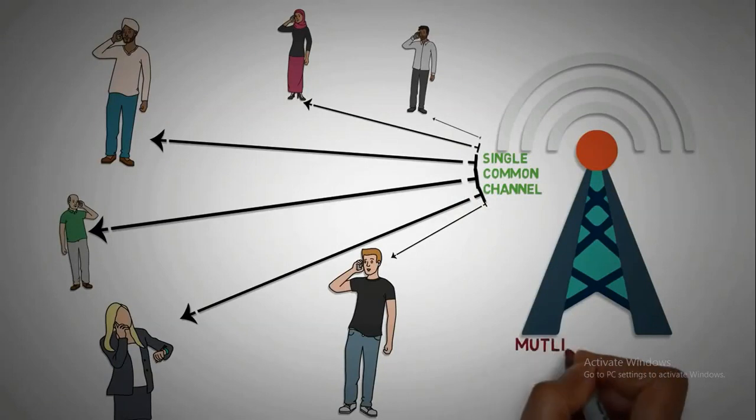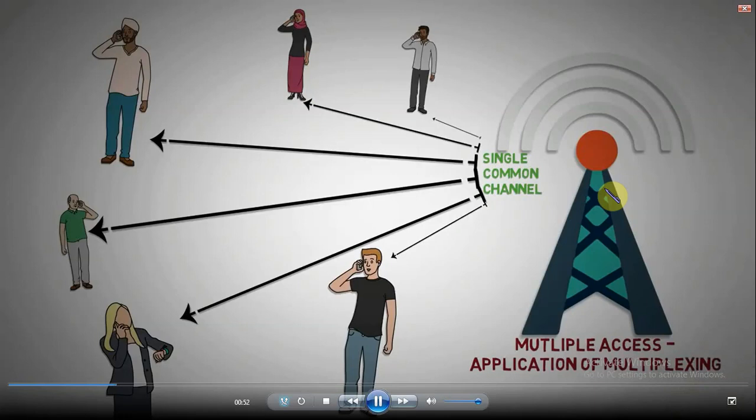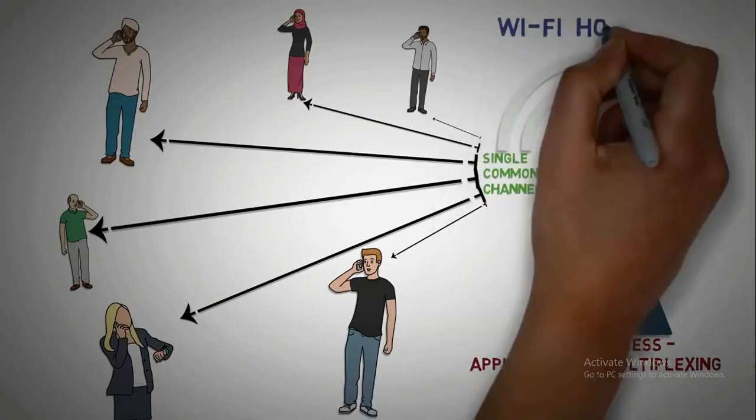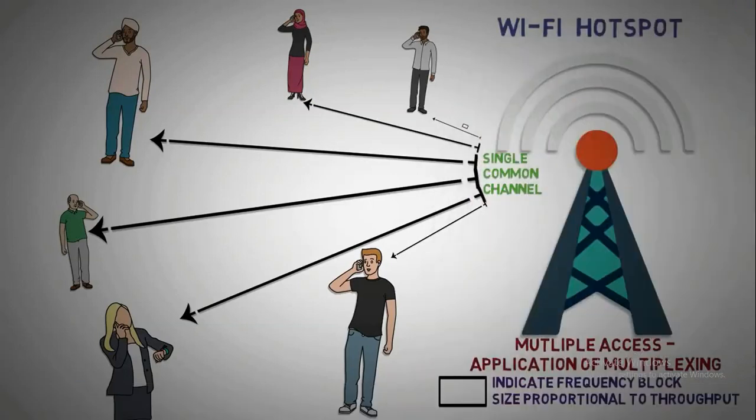In other words, multiple access is nothing but the application of multiplexing. So here's a Wi-Fi hotspot sharing its internet connection among multiple users by providing them a frequency block over which they can transmit and receive data. The greater the size of this block, the greater the throughput.